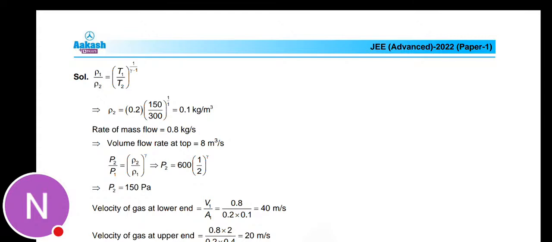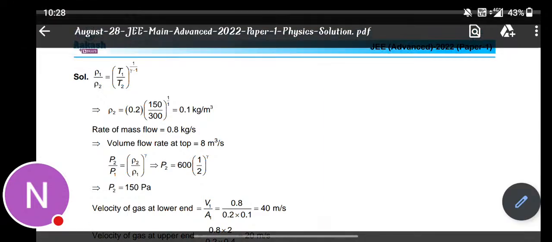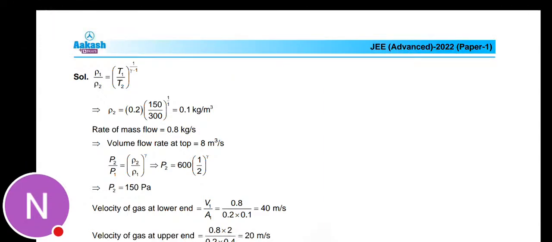After calculating, we get 0.1 kilogram per meter cube. The rate of mass flow here is 0.8 kg per second. Now the volume flow rate at the top is 8 meter cube per second.